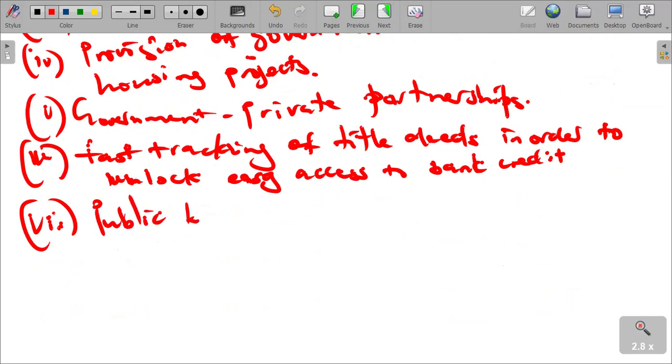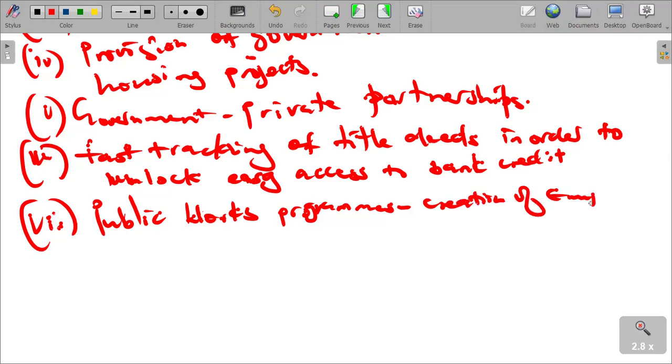Public works programs help in terms of creation of employment and upliftment of standards of living.